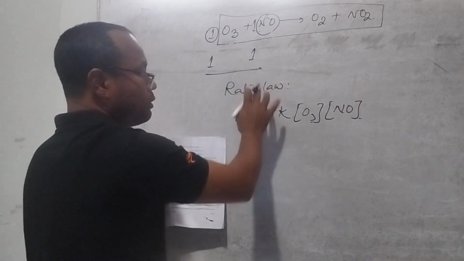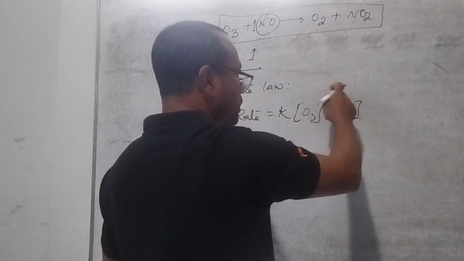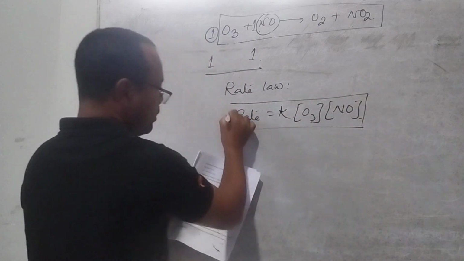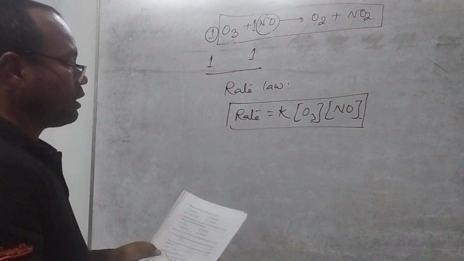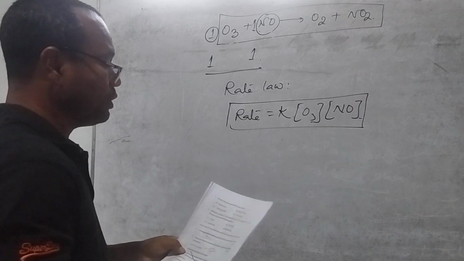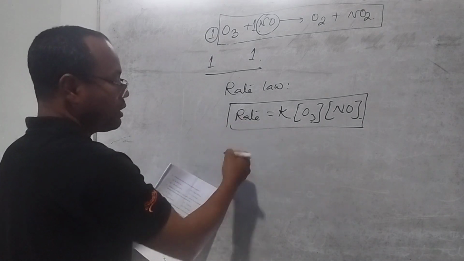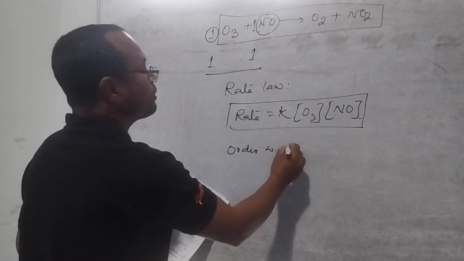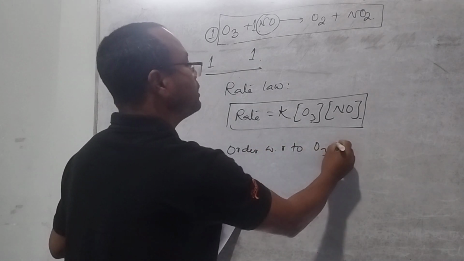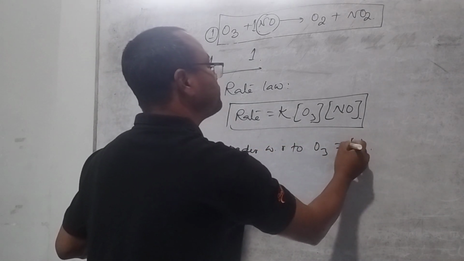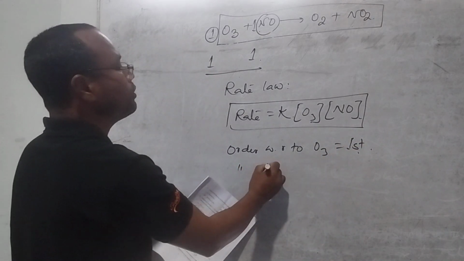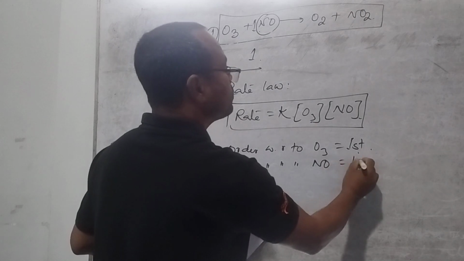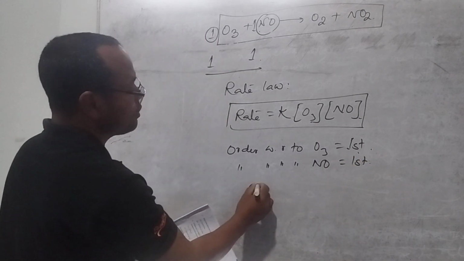What is the coefficient here? 1. So what will be the power here? 1. So this is the rate law, right? Now let me find out the overall order. The order with respect to O3 is first order. The order with respect to NO is also first order. So what is the overall order?